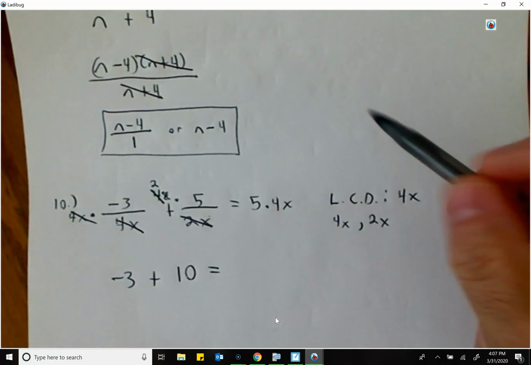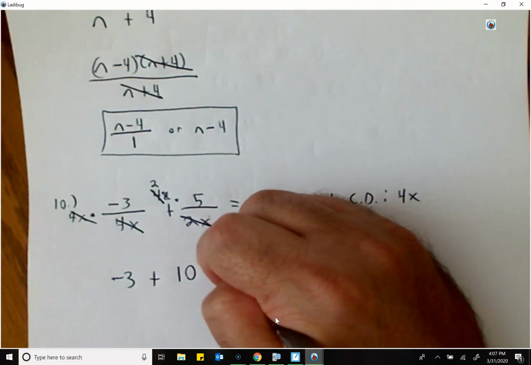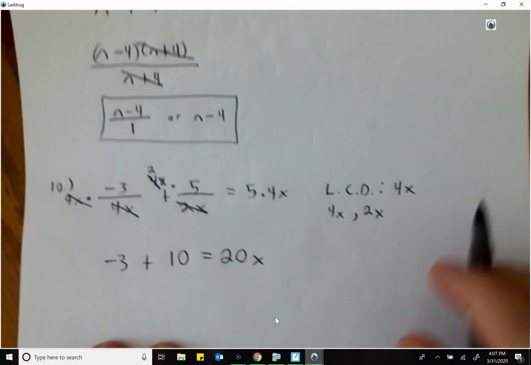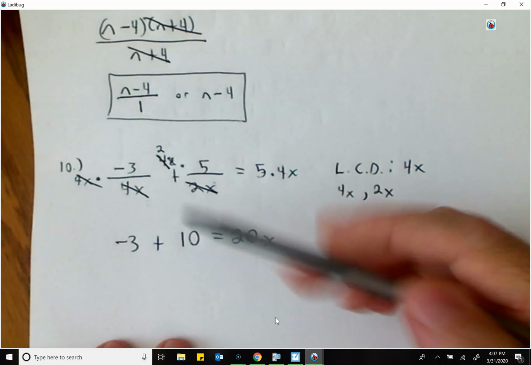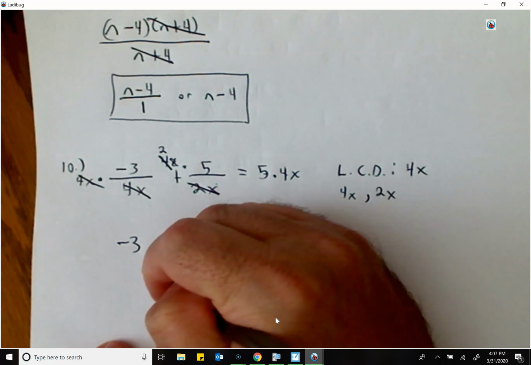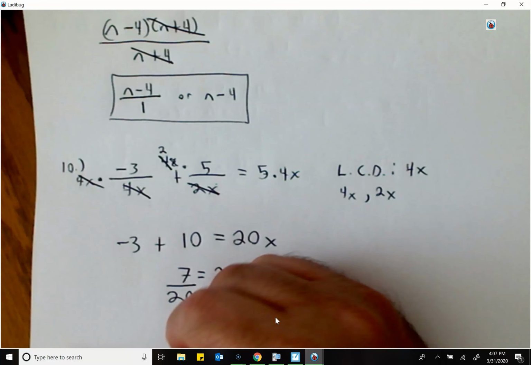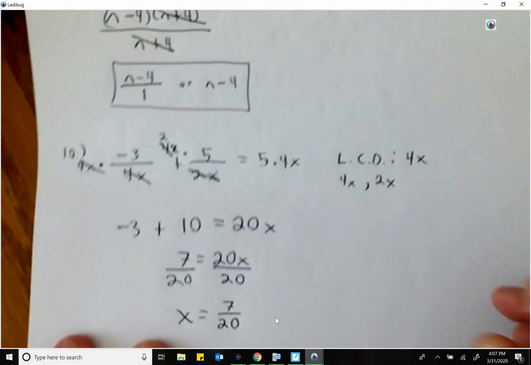Equal to, well, nothing cancels out over here, so what's 5 times 4? 20x. And now this is something that we can solve. So what's negative 3 plus 10? That's 7 equal to 20x. How do I get x by itself? Divide by 20. So now we know that x is 7 over 20.